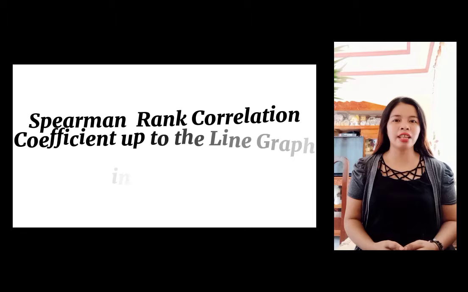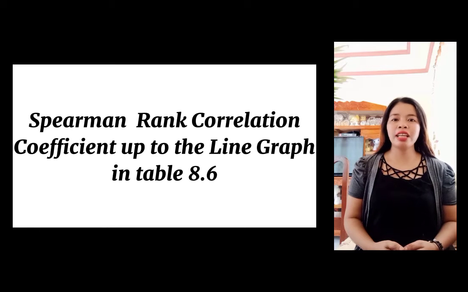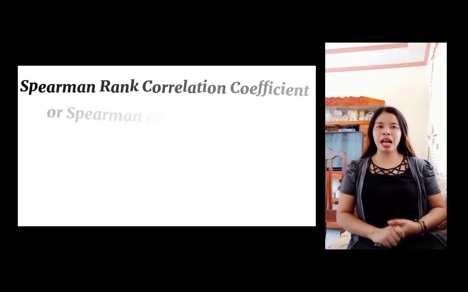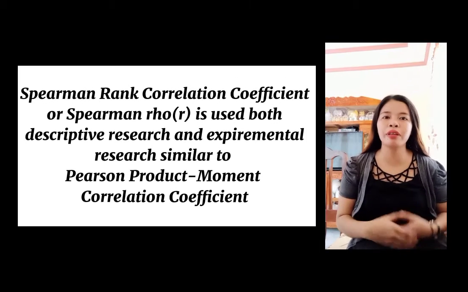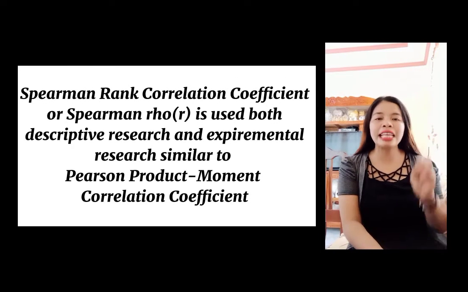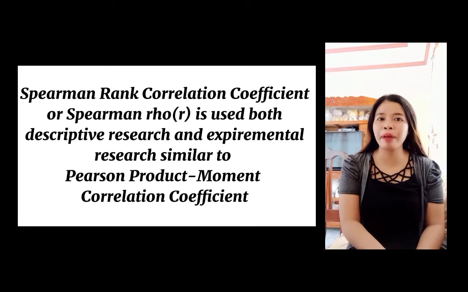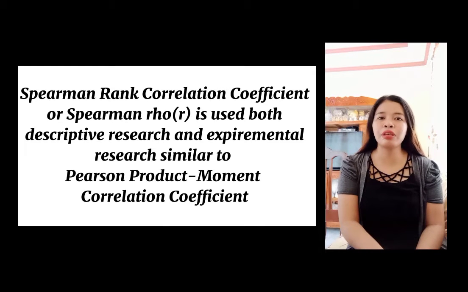So the topic that I'll be going to discuss is about the Spearman rank correlation coefficient up to the line graph in Table 8.6. Now, let us define the Spearman rank correlation coefficient, or what we call the Spearman rho. The Spearman rank correlation coefficient is used in both descriptive research and experimental research, similar to the Pearson product moment correlation coefficient.